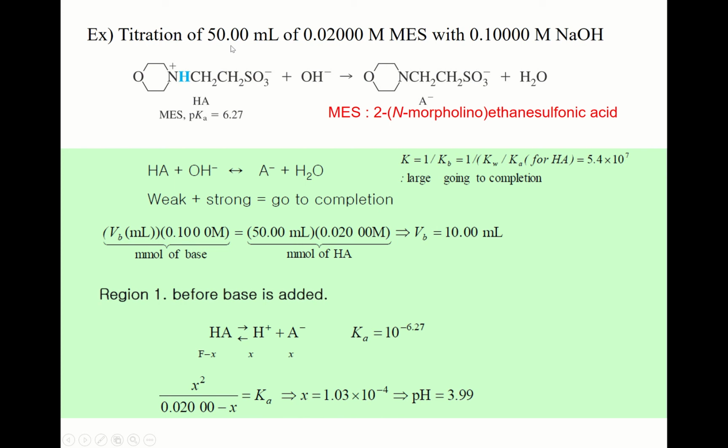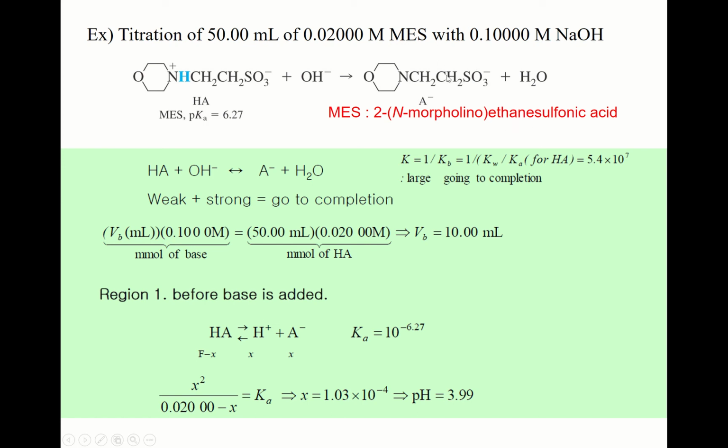Let's take an example. Titration of 50 milliliters of 0.02 molar MES, a weak acid, with 0.1 molar sodium hydroxide. MES is 2-morpholinoethane sulfonic acid.